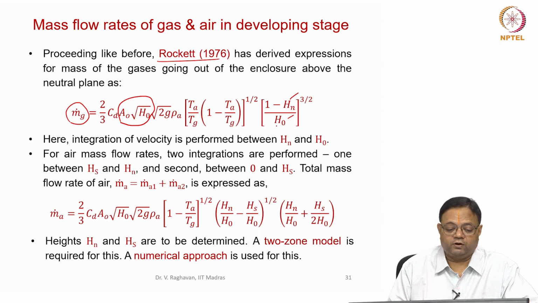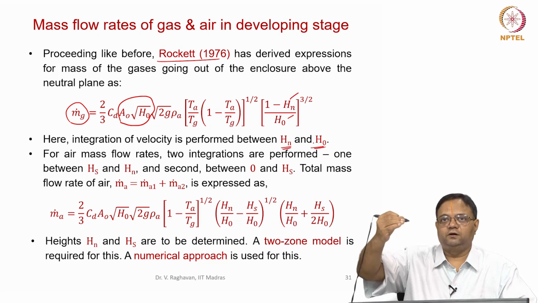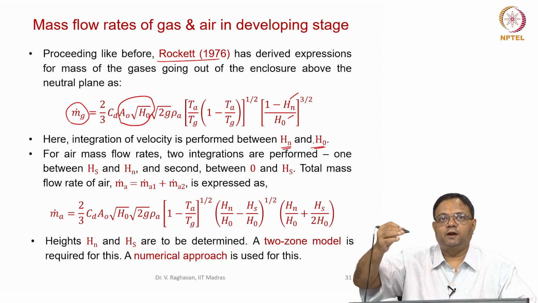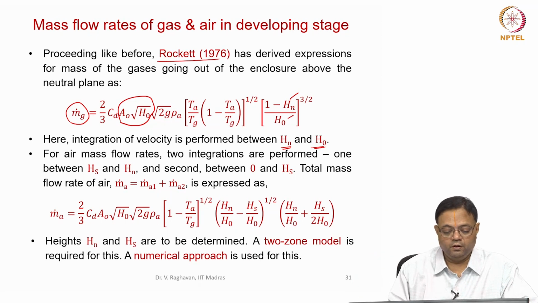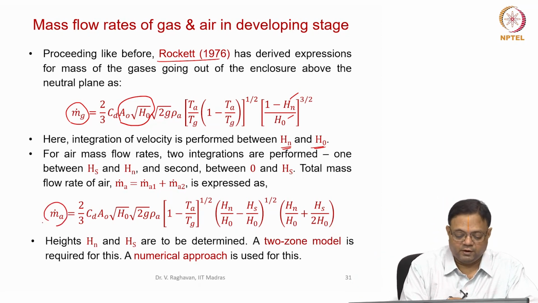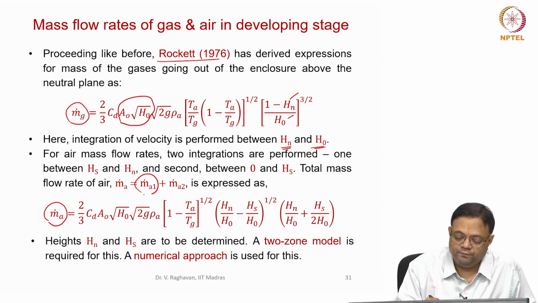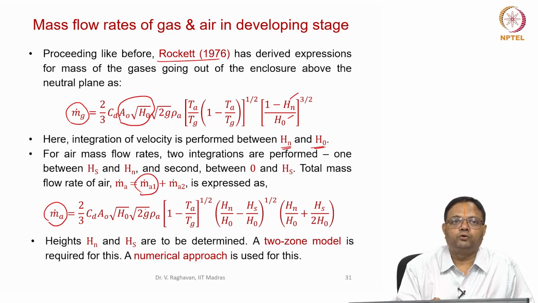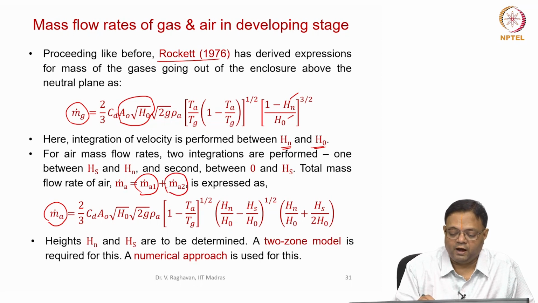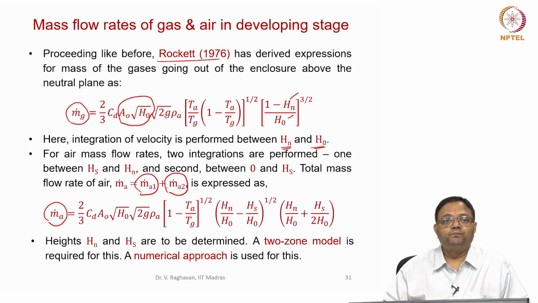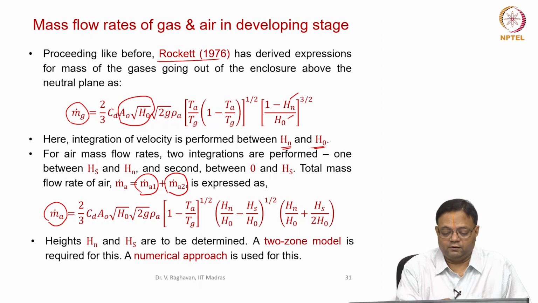Now for the mass going out, we have to integrate between Hn and H naught, that is, the upper portion above the neutral plane in the smoke layer. Similarly, the mass of air which is coming in is due to the air coming in within the smoke layer below the neutral plane, and the air which is coming in below the smoke layer itself. So that expression is given here.